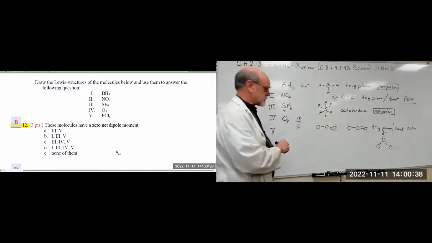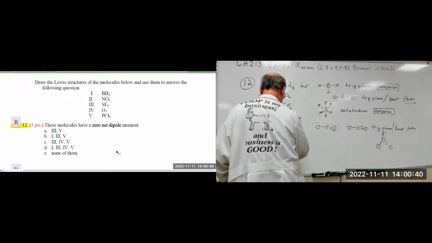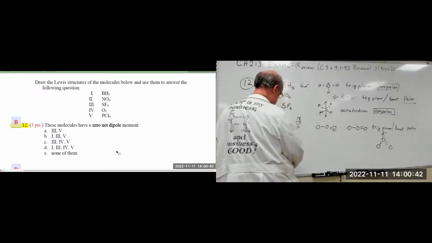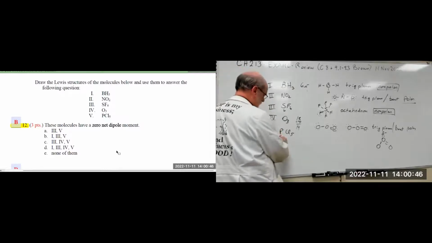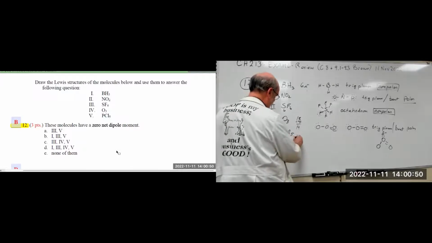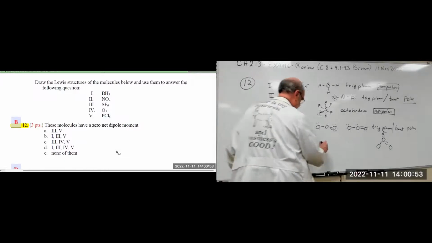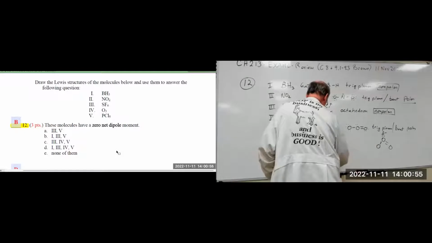So let's look at the last one. Phosphorus pentachloride. So phosphorus is 5, and 7 times 5 for the halogen is 35, so we've got 40 electrons. Phosphorus here, 1, 2, 3, 4, 5.